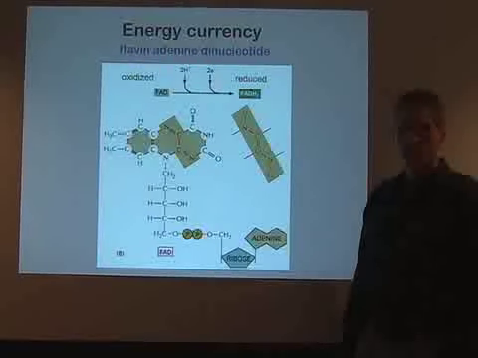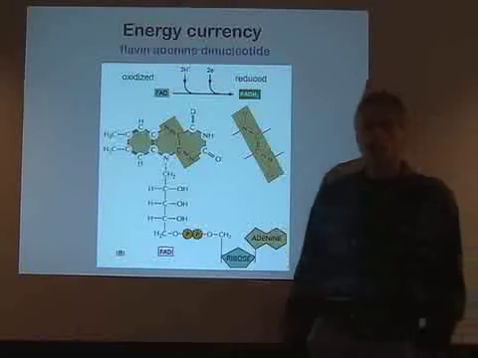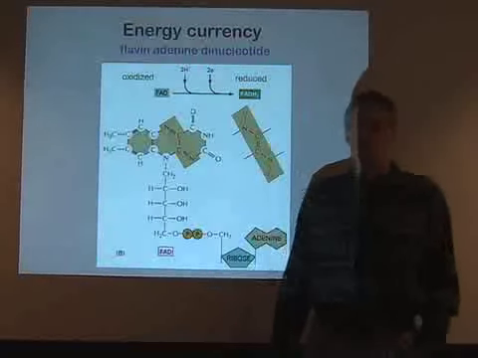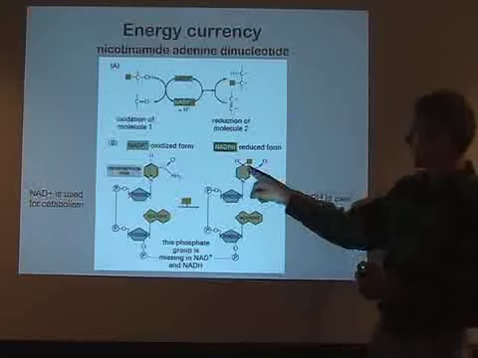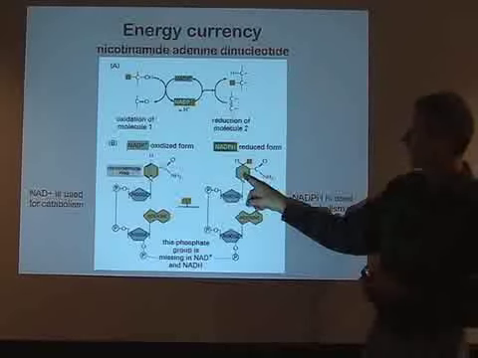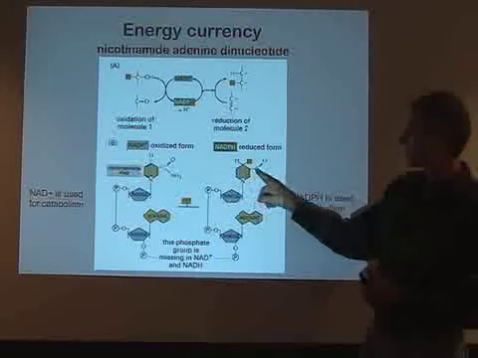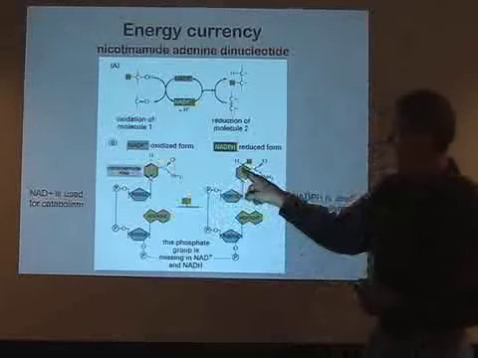Also, this one, flavin adenine dinucleotide, or FAD for short. This guy is also an energy carrier molecule. So if we focus in on what gets oxidized and reduced, the reduced form of NADH or NADPH is this bond right here.